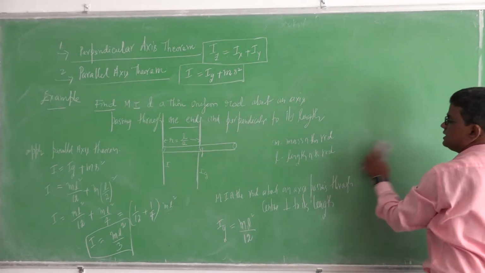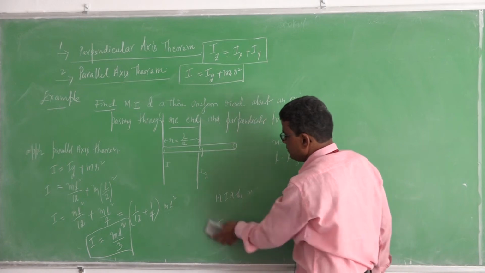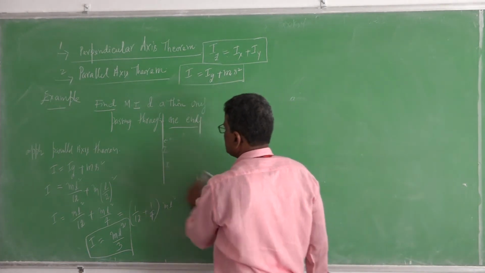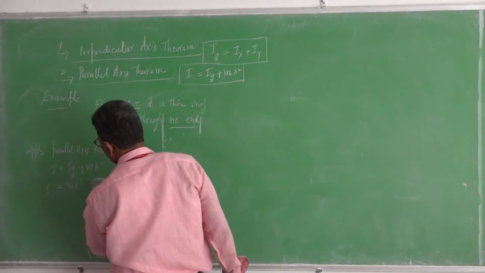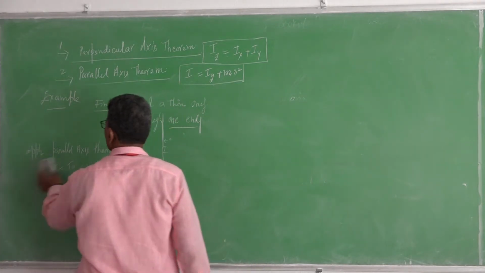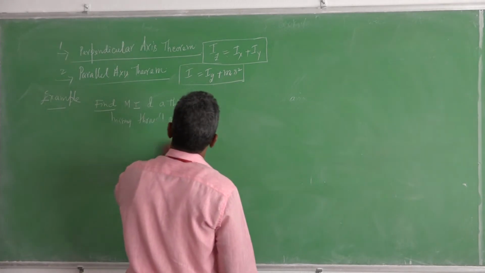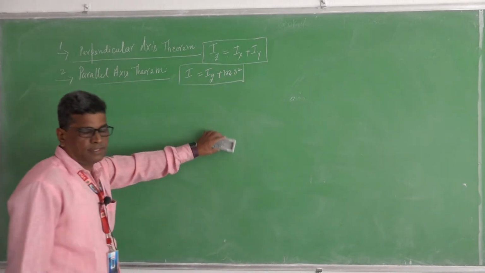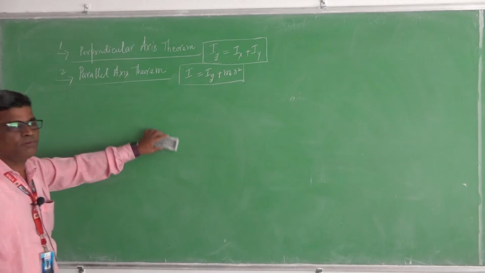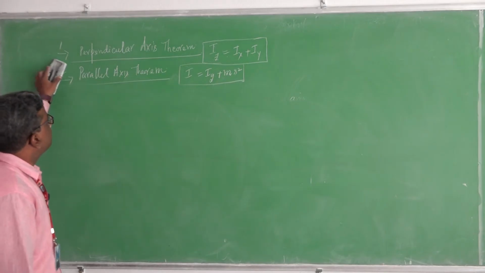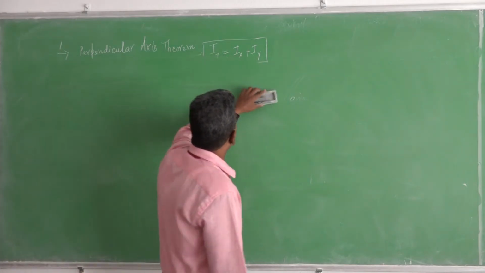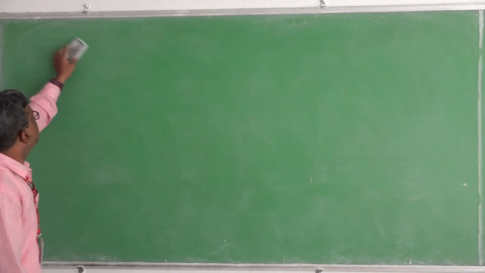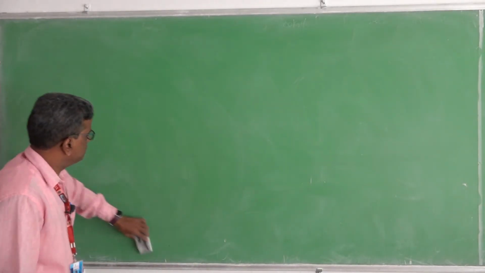So based on these laws, I will explain some problems, how these theorems will be applicable in problems. Here I introduced these two theorems, the parallel axis theorem and the perpendicular axis theorem. I explained how these theorems can be applied with the help of examples.